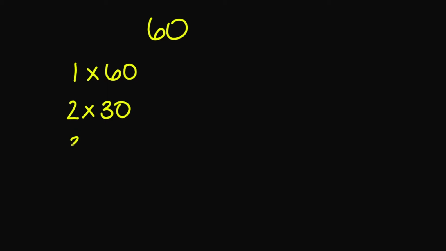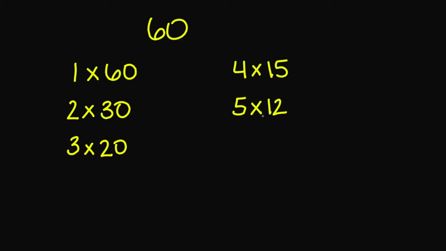Let's try the number 60. So first, we have 1 times 60. These are two factors here: 1 is a factor and 60 is a factor. Then you have 2 times 30, 3 times 20, 4 times 15, 5 times 12, and then you have 6 times 10.